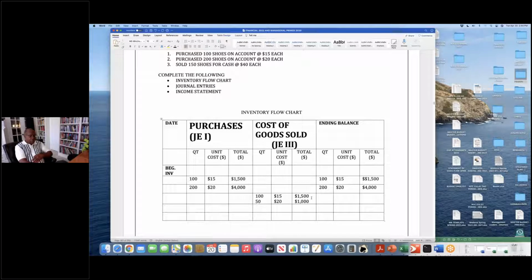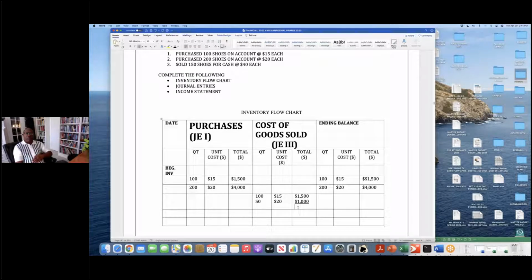So we're going to add these two numbers together and we get what? $2,500.